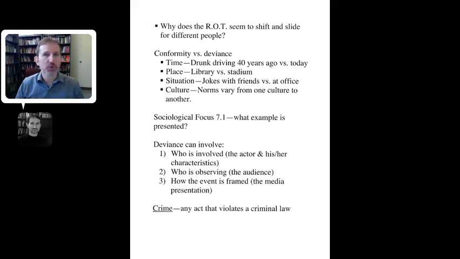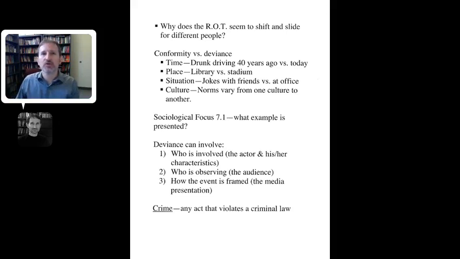If you get pulled over by a police officer today for speeding, would you necessarily be treated the same way as would the mayor's son or daughter? It's an open question. Also, how might people be given a pass or not for behavior depending on things like their race, sex, age, other variables that we embody?